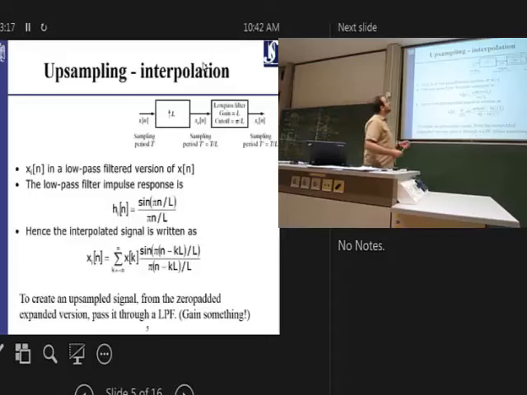So I explained changing the sampling rates, and I said that we have two theories, downsampling theory and upsampling theory. With downsampling, what we try to do is lessen the sampling rate from what the signal has already been sampled with.